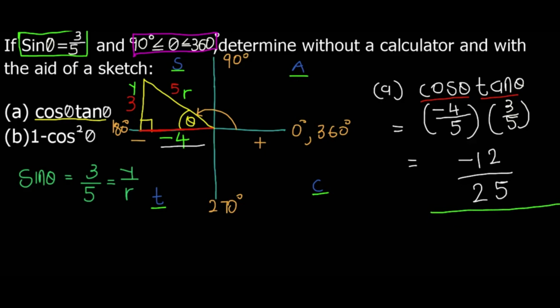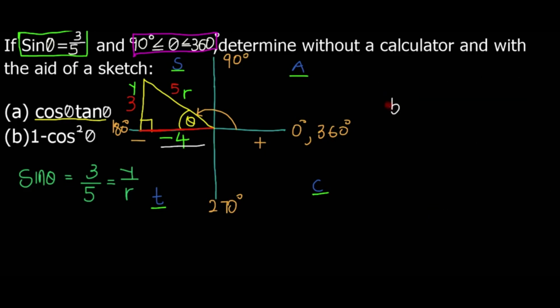And now our part B. Part B is 1 minus cos squared theta. So we have 1 minus, and then cos we found is -4 over 5, because it is adjacent over hypotenuse. So we have -4 over 5 squared.